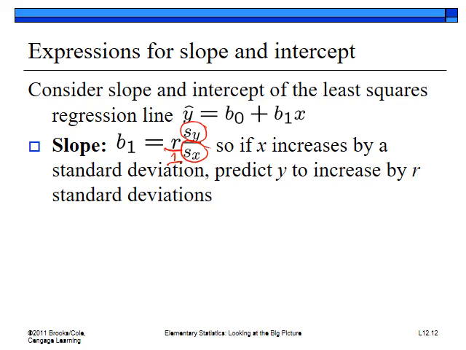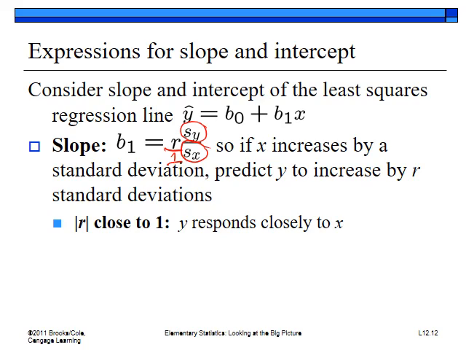And remember, r is a number between -1 and +1. So that means that y will either go up by 1 full standard deviation or less, or it could go down by 1 full standard deviation or less. If the absolute value of r is close to 1, that means y responds very sympathetically with x.